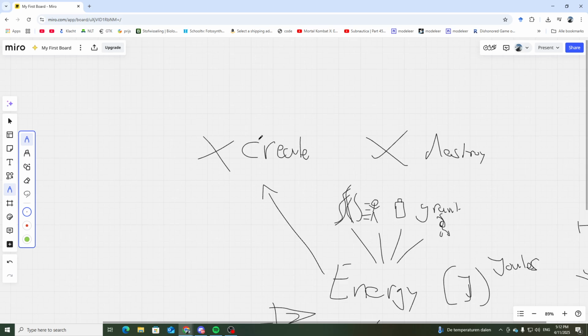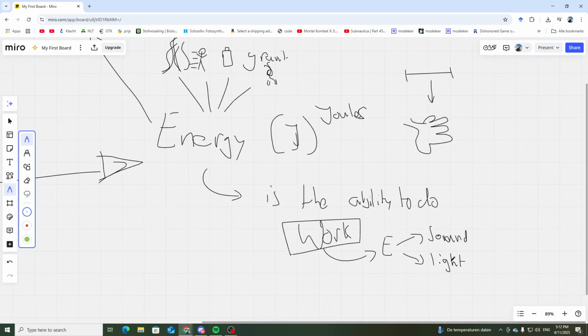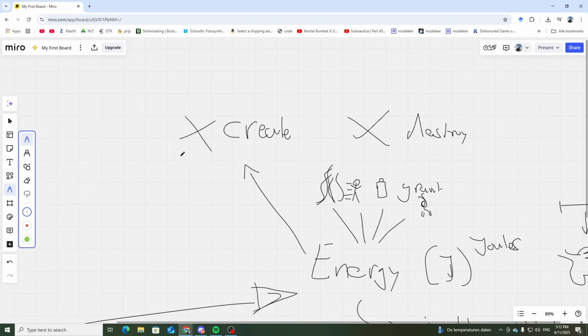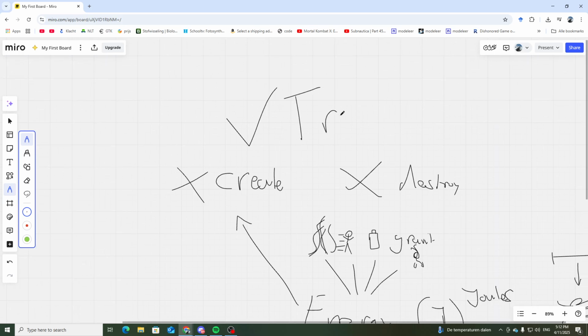But once we have energy, let's say in your electrical wires right now, we are not creating this sound and light energy. No, we are transforming electrical energy into these different ones, right? So energy cannot be created nor destroyed, but can only be transformed, like a transformer. That is what we need to know.